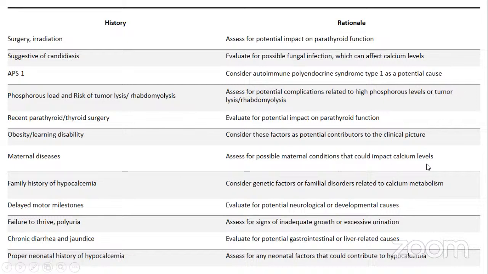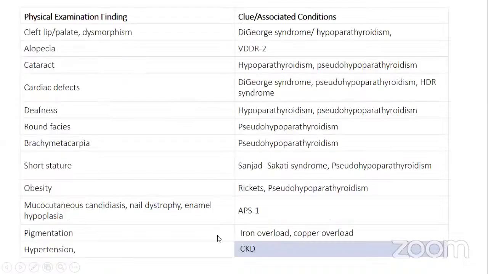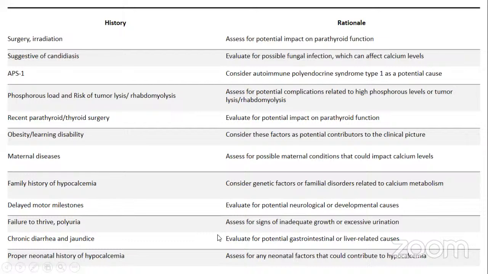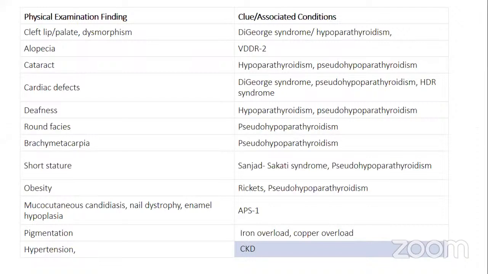Assessment of maternal conditions that could impact calcium, such as maternal hyperparathyroidism. Family history of hypocalcemia for genetic causes of calcium metabolism defects, and failure to thrive and polyuria, which can be potential causes of hypocalcemia in some tubulopathies like Bartter's syndrome, and neonatal history of hypocalcemia for those factors or etiology that can have the onset from the neonatal phase.